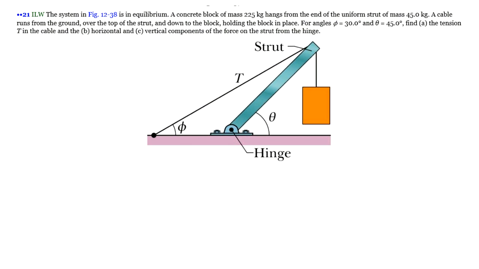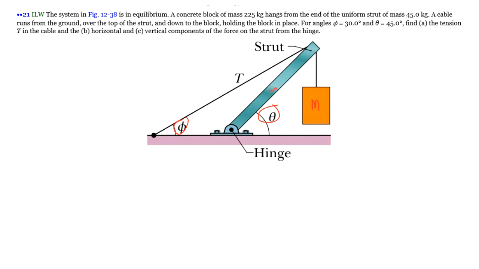So we have a block, a cable with tension, and we have what is called a strut. This is what we'll call our beam. And we have a hinge. So we're given angles phi and theta. We have these two angles, right? These are given in the problem. We have the mass of the block and the mass of the strut.